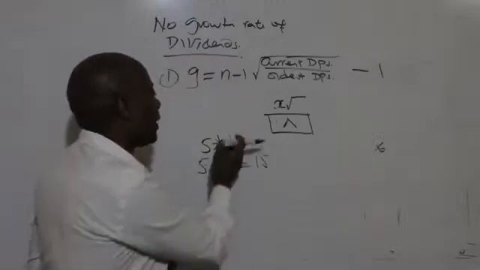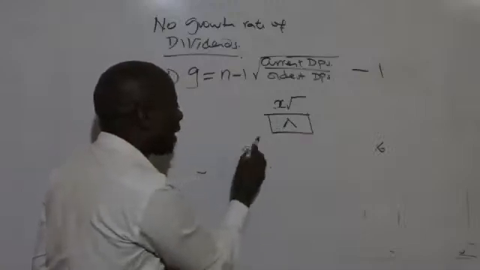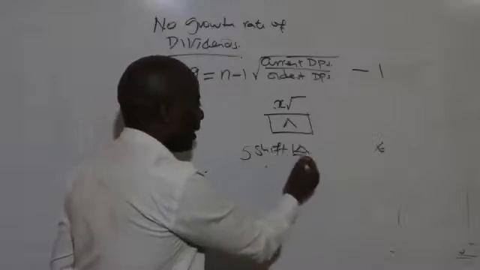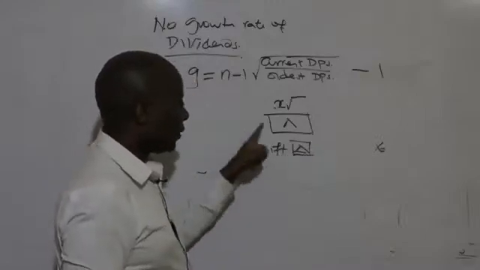So if I want to get the xth root, the first thing I do is press the 5, and then I press Shift and this button.